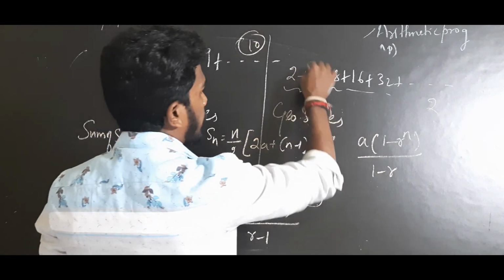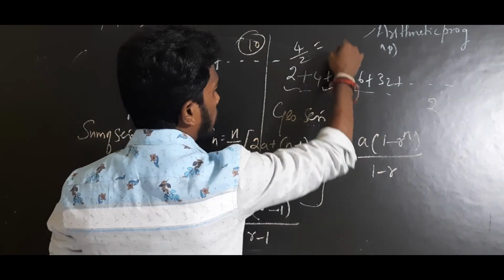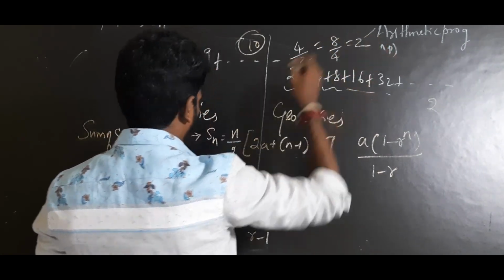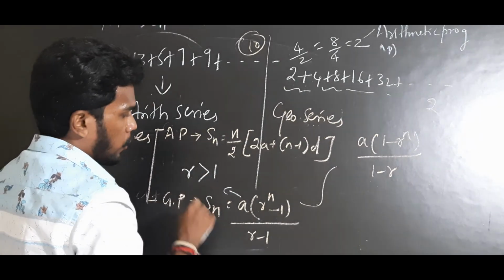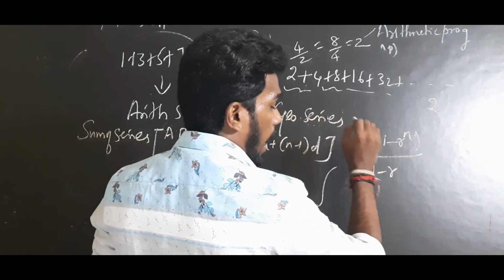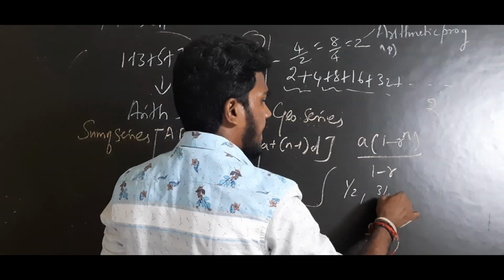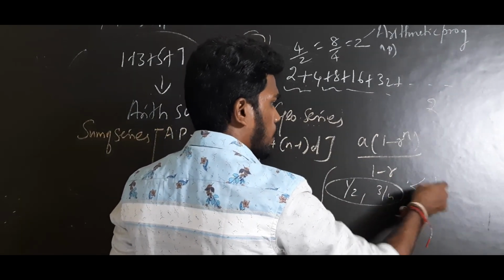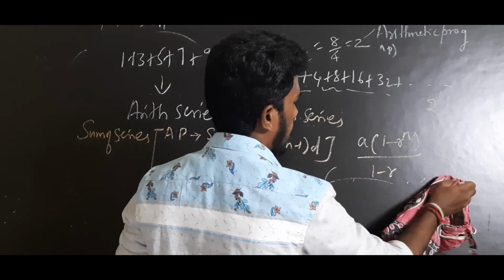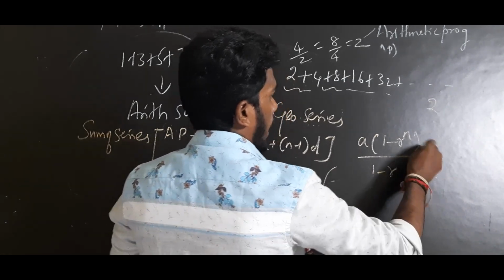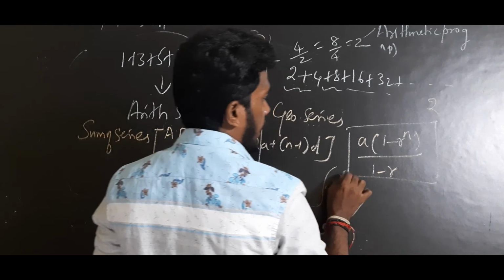Here my r value, if you take 4 by 2, that is equal to 8 by 4, will give 2. So r value is greater than 1, then you have to go for this formula. If r value is fractional like 1 by 2, 3 by 4, any kind of value which is lesser than 1, then we go for this formula, A 1 minus r to the power n over 1 minus r.